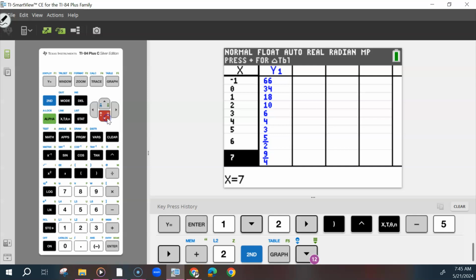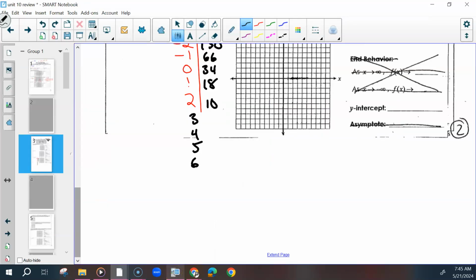And just look at 3, 4, 5, 6. So 6, 4, 3. That way I have more points to plot.